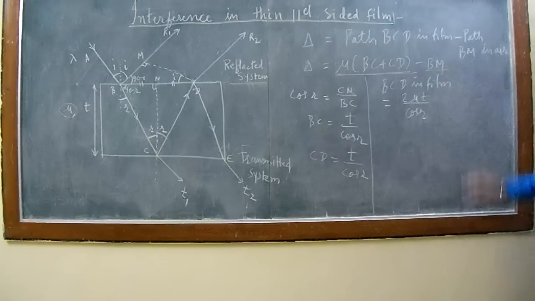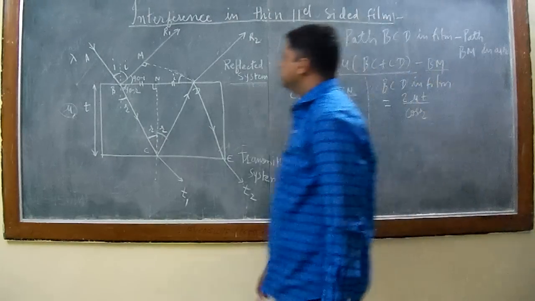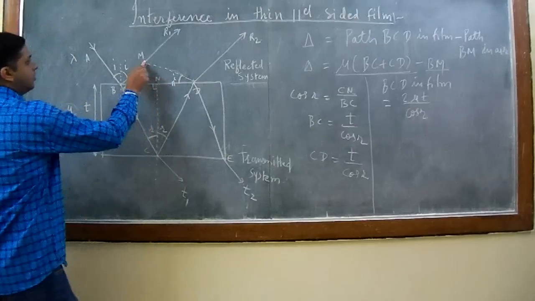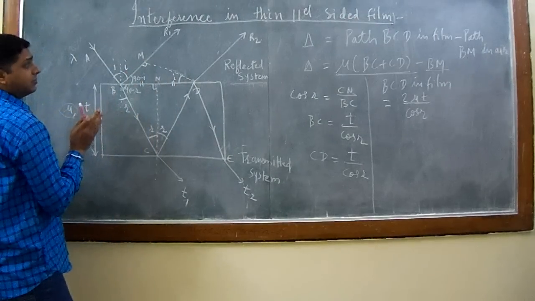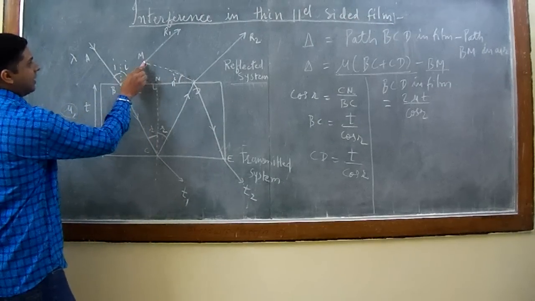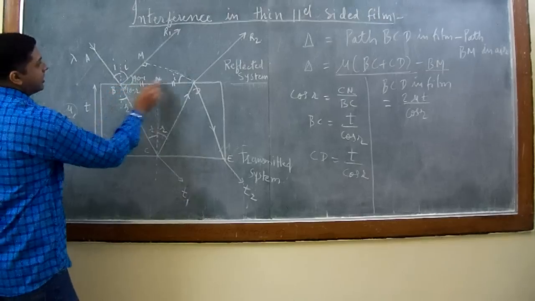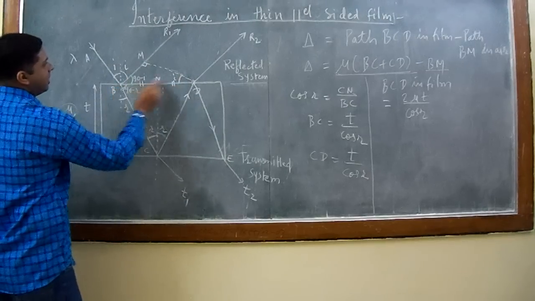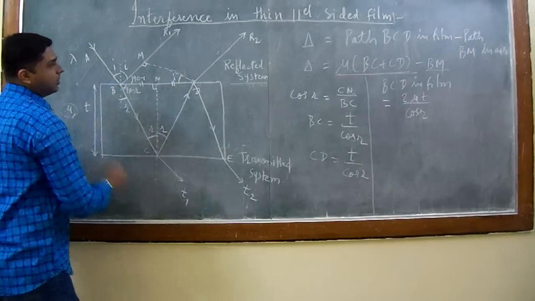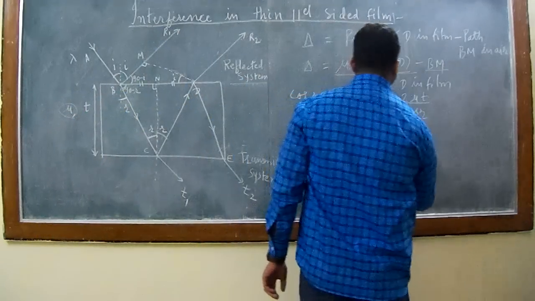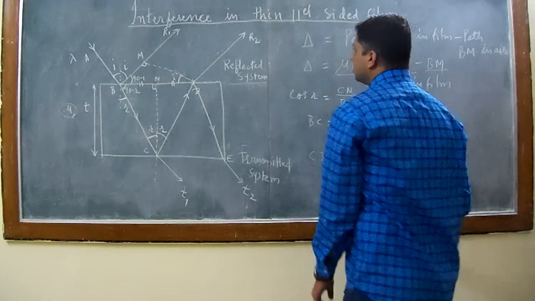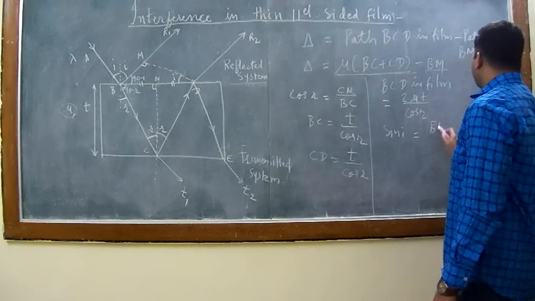Now we have to find out what is path BM in air. To find out path BM, look at this triangle, that is BMD. In this triangle, sin i is equal to BM upon BD.